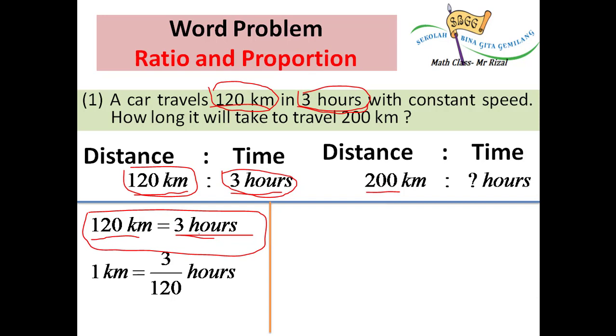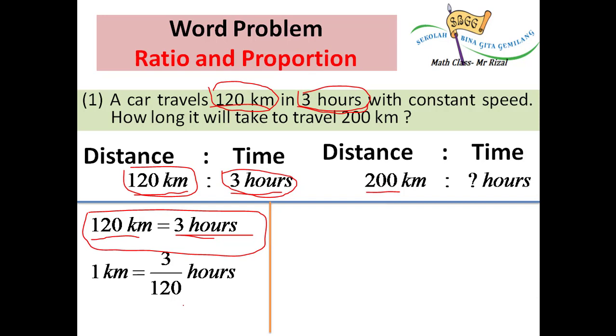If it is less than, you have to divide 3 by 120. Okay, so we got 3 out of 120 hours. You do not need to simplify this. We just write like this.